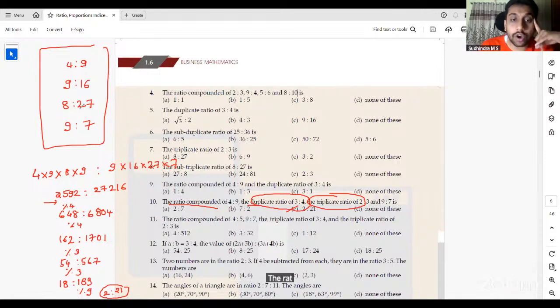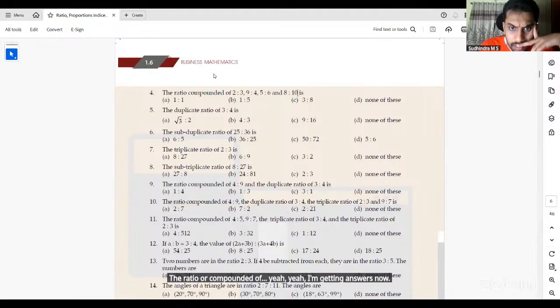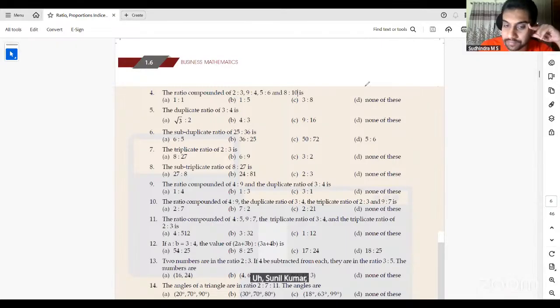The ratio compounded of, I'm getting answers now. Sahana, correct. Sunil Kumar, I think you have to recheck. Annapurna Nayak, correct. Deepthi Jain, correct. Smriti Hegde, correct. Nandita Bhatt, correct. Good.